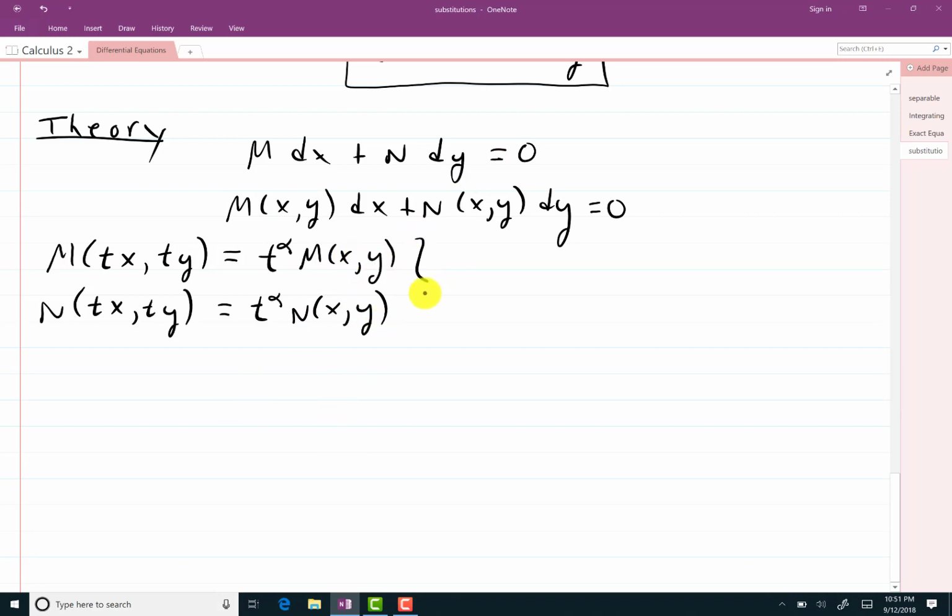In fact, we refer to them as homogeneous functions, so long as it's the same alpha that you pull out of both of them.